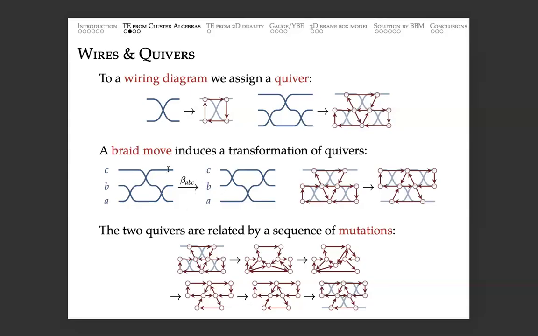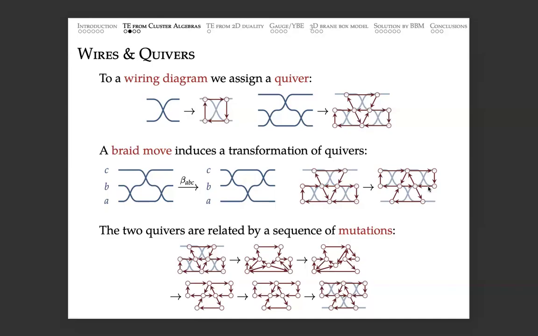Then this diagram becomes the diagram on the right. What I did was deform the wire B and move the middle part upward. Then what happens to the associated quivers? Well, the quiver transforms from one quiver to another quiver.